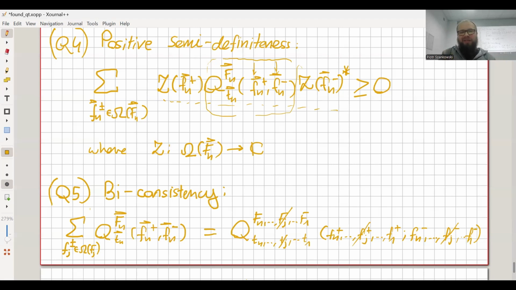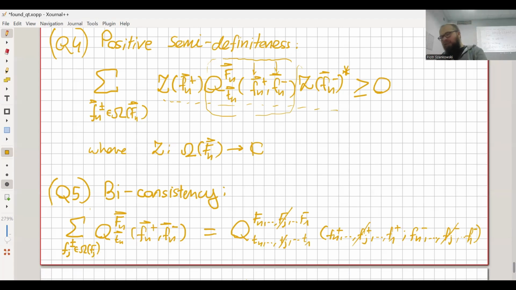Observation 3, if you recall, was extreme coarse graining. If you take a coarse-grained device that's so coarse-grained that it cannot resolve anything, applying it is the same as not doing the measurement, right? So bi-consistency is a sufficient condition for getting this observation.